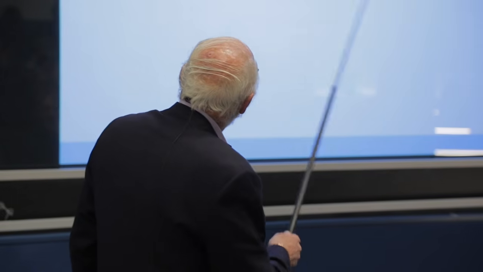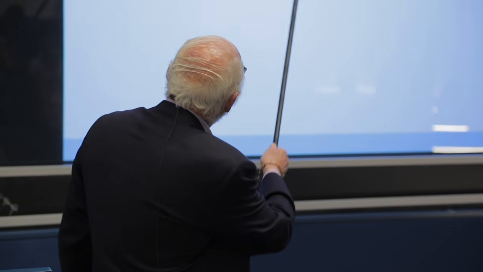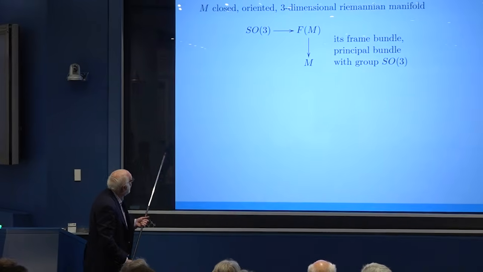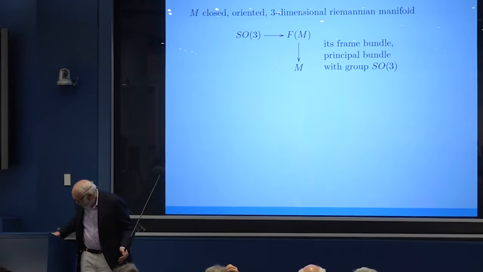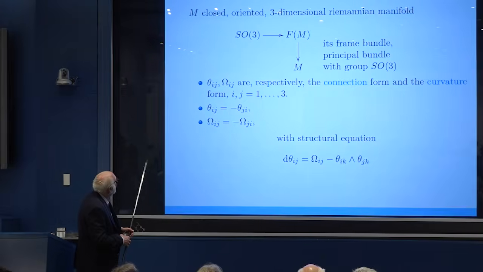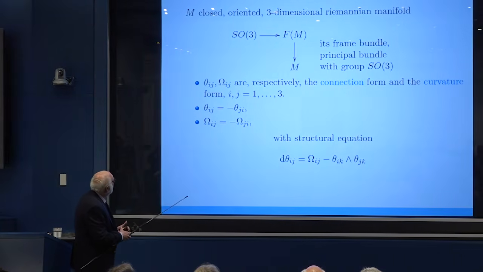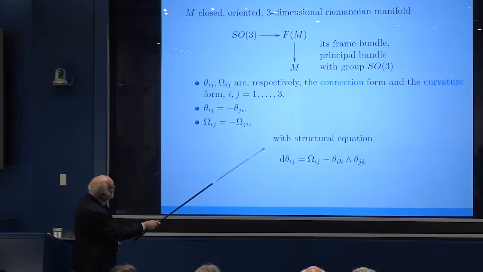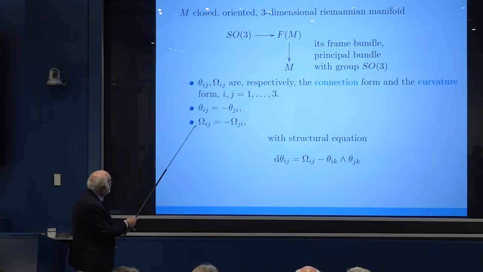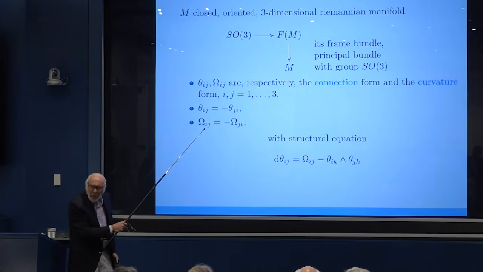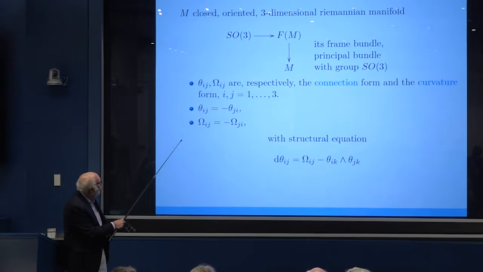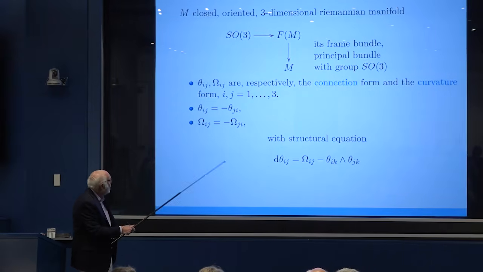So M is a closed oriented three-dimensional manifold. This is its frame bundle, oriented frame bundle, with fiber SO(3). And so θij and Ωij are the connection form and the curvature form. i, j go just from 1 to 3, and θij is minus θji, and Ωij is minus Ωji.